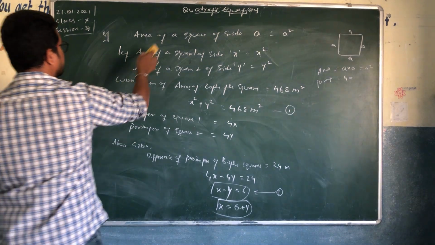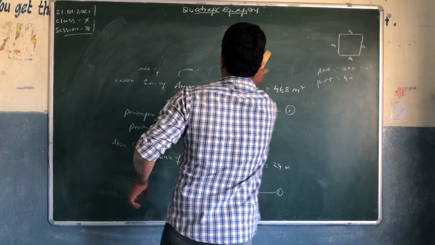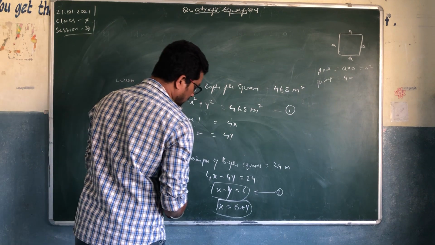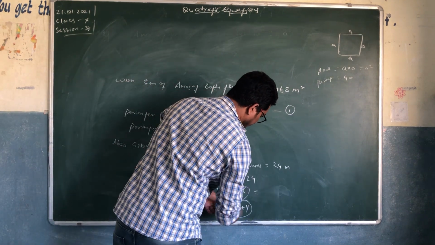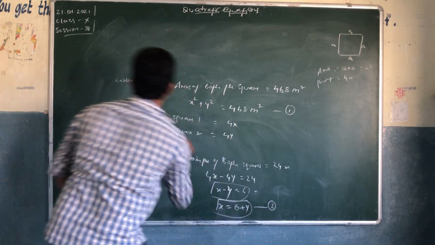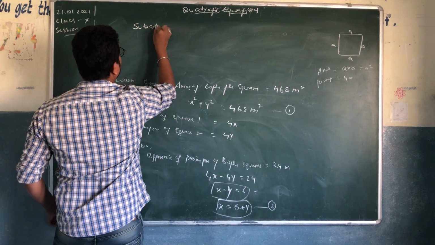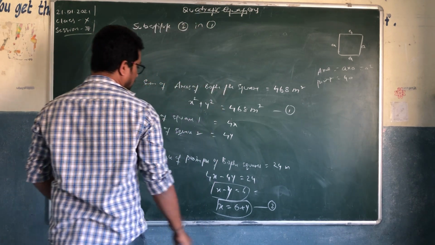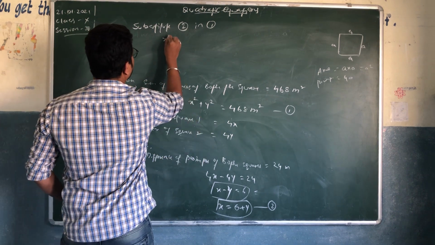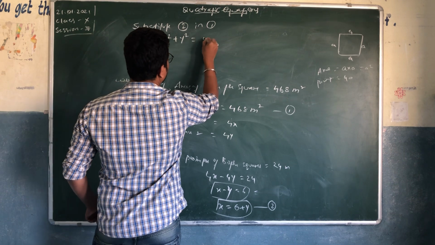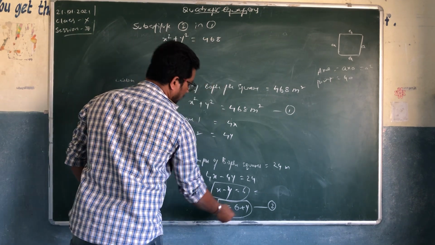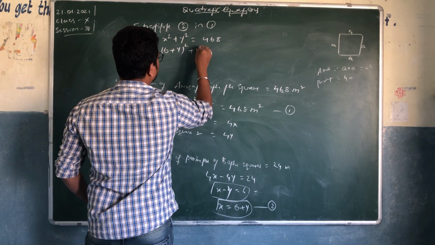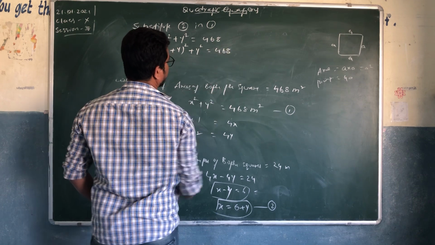Now substitute 2 in 1. What is 1? x square plus y square is equal to 468. x is equal to 6 plus y, so (6 plus y) whole square plus y square is equal to 468.